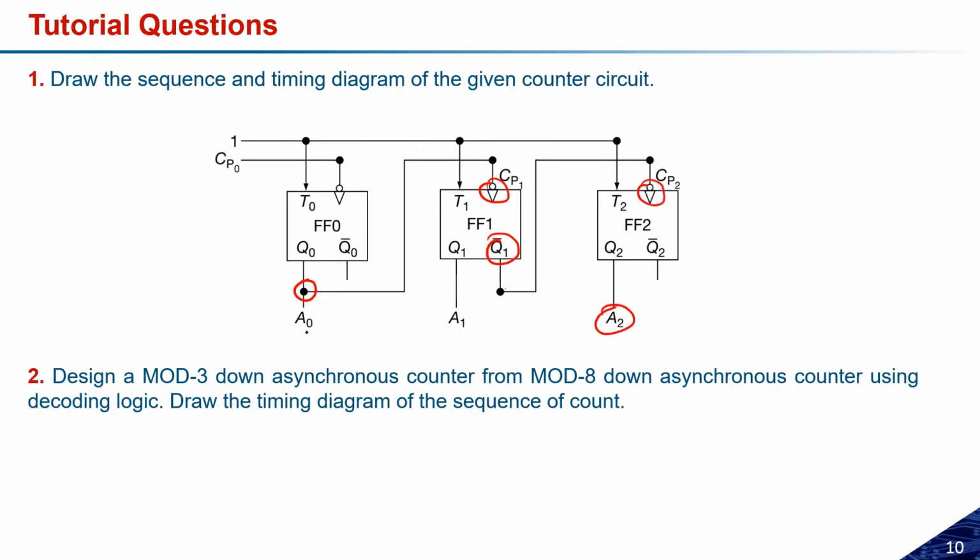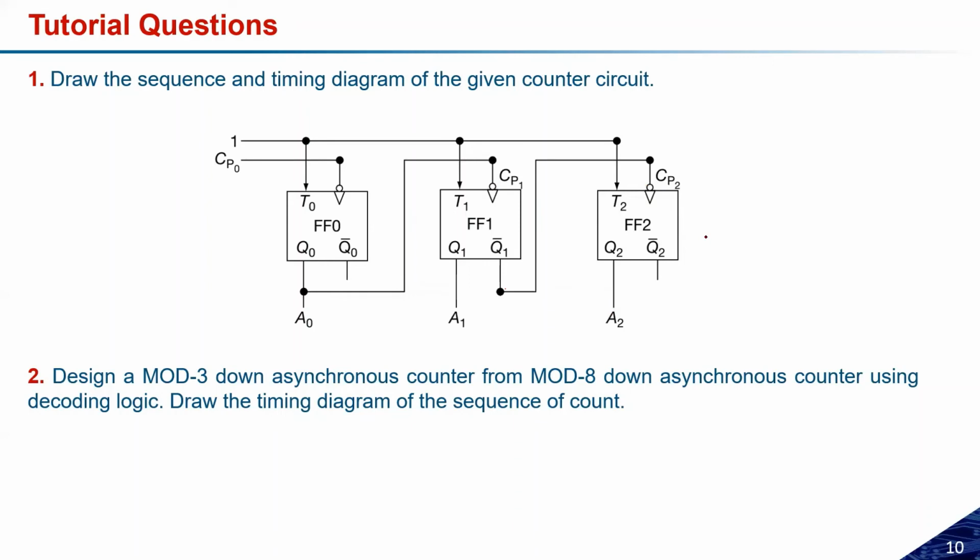A0, A1, and A2 we are taking from Q0, Q1, and Q2, but the first output is connected to the clock pulse, while in the second one I have connected the complement of this output to the clock pulse. So accordingly the timing diagram and the sequence will change. Check what sequence it is following and what the timing diagram is, and how it is getting activated.